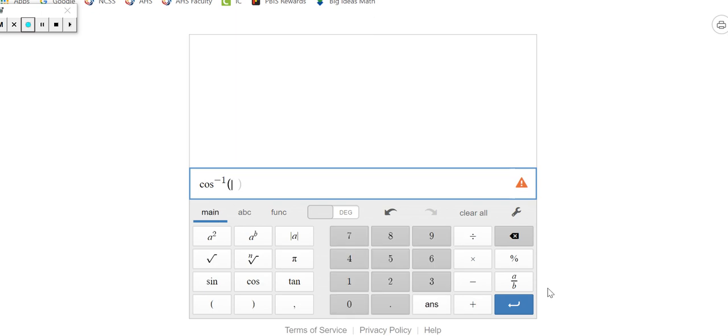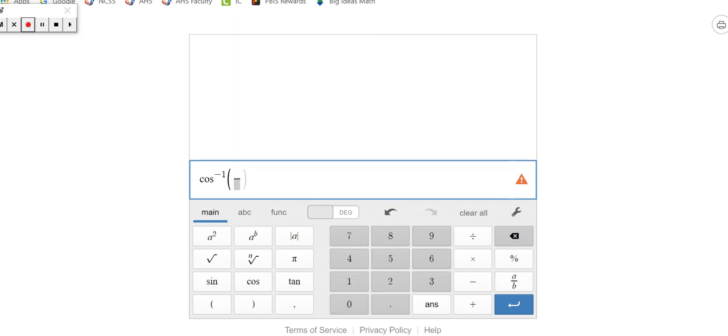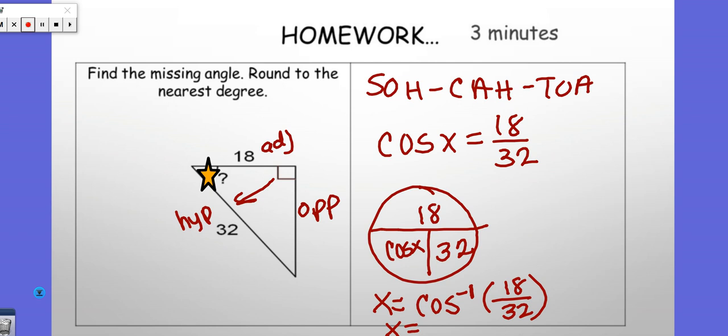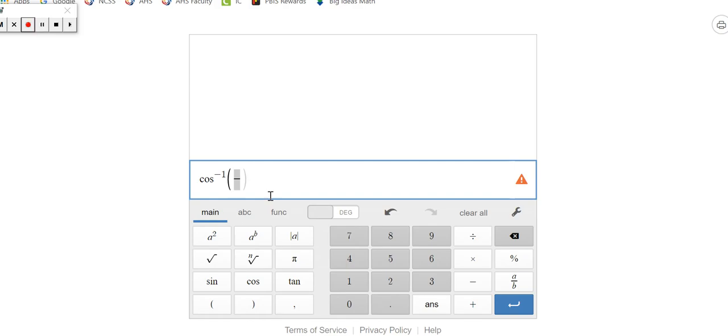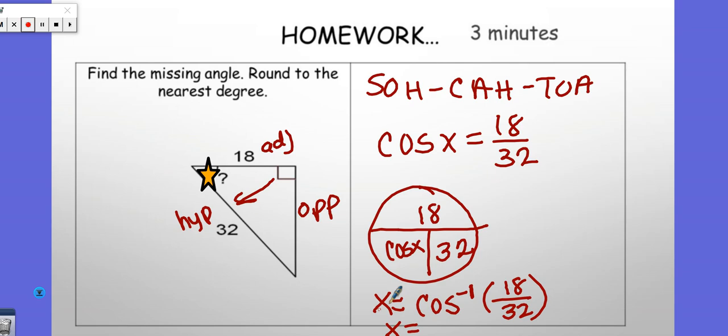Now I'm going back to the main, and that was 18 over 32. So at the top we're going to put 18, and at the bottom we're going to put 32. And then it's 56 degrees, because it said to round to the nearest degree, so x is 56 degrees. Let me write that a little neater for you. Okay, let's go ahead and go to the next one.